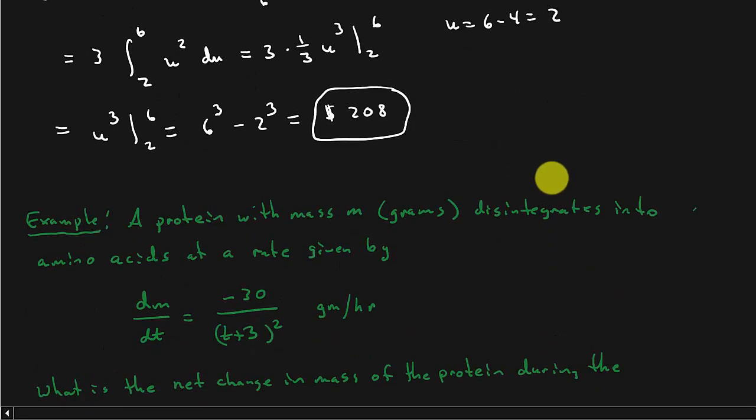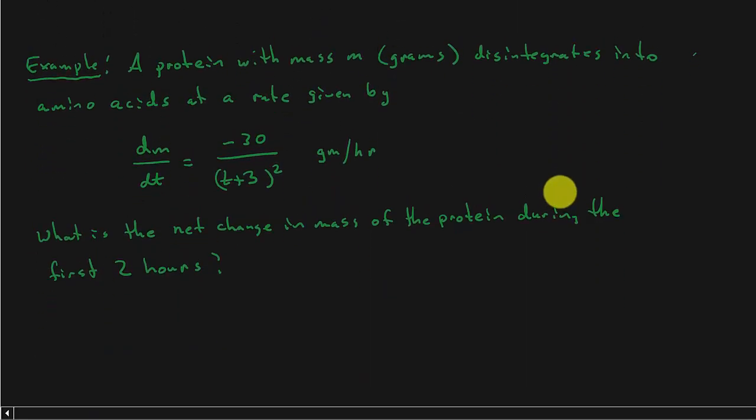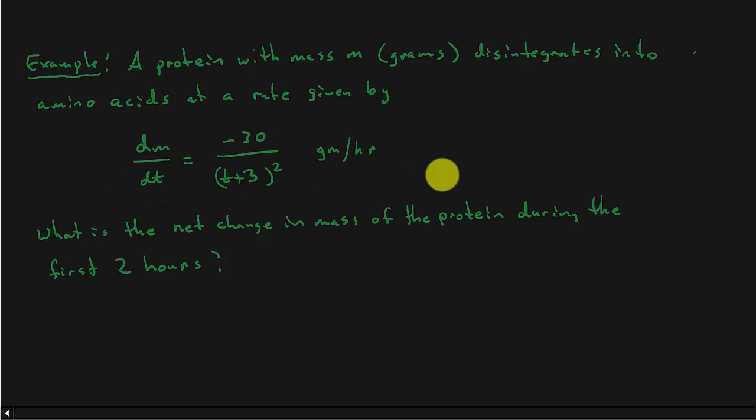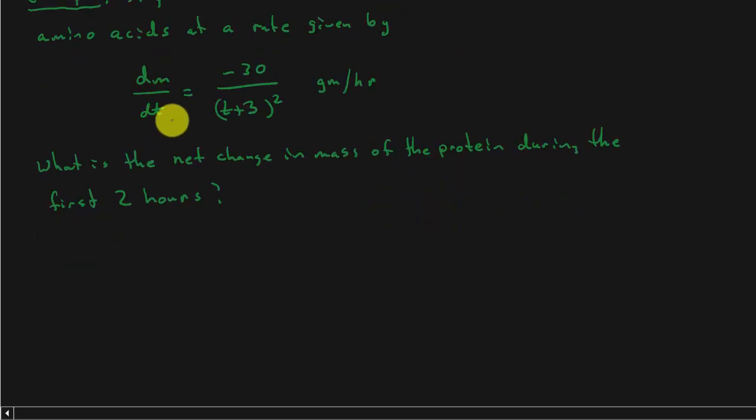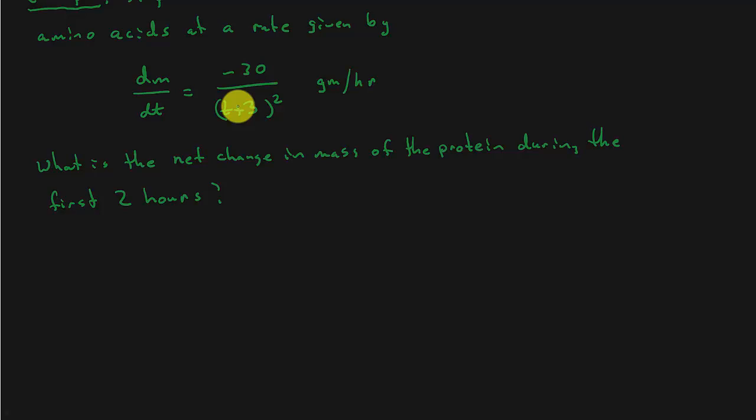It says a protein with mass m grams disintegrates into amino acids at a rate given by this. They tell us that dm/dt is -30 over (t plus 3) squared grams per hour. What is the net change in mass of the protein during the first 2 hours?